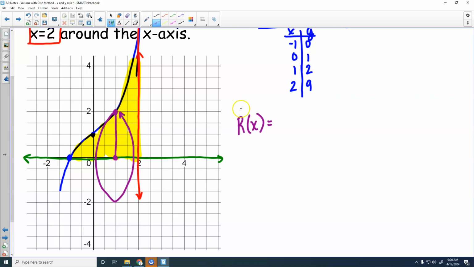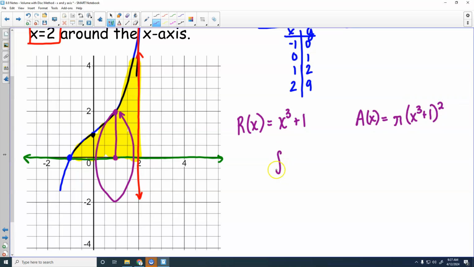So that is just going to be the top of that, which is our cubic function. So that's x cubed plus 1 minus the bottom. But what is the bottom for this one? Just 0, right? So I'm not even going to put it this time. So that means we will be doing the area of a circle, which will be pi times x cubed plus 1 squared.